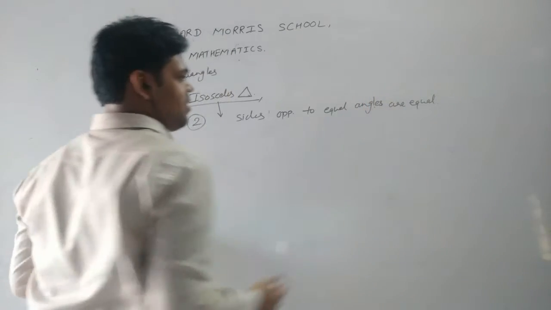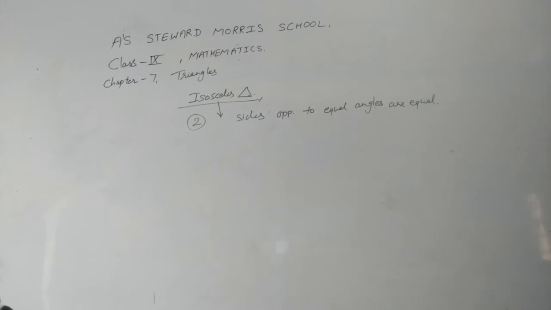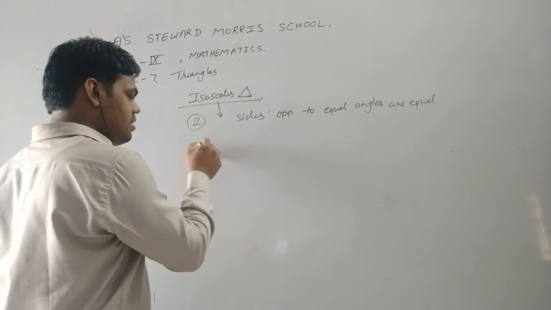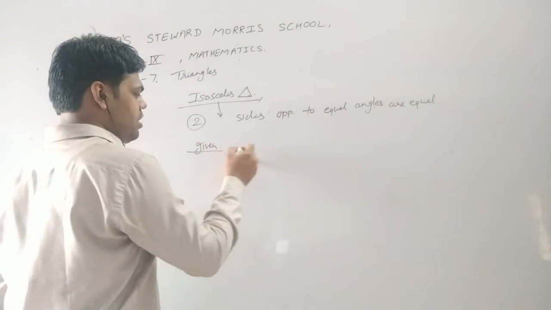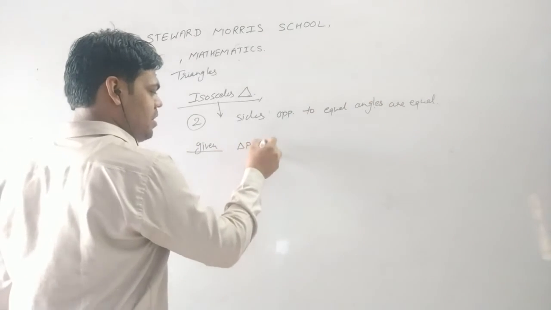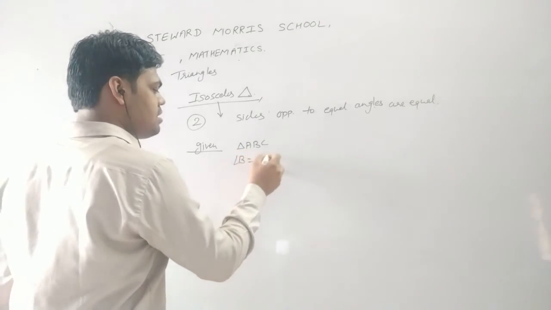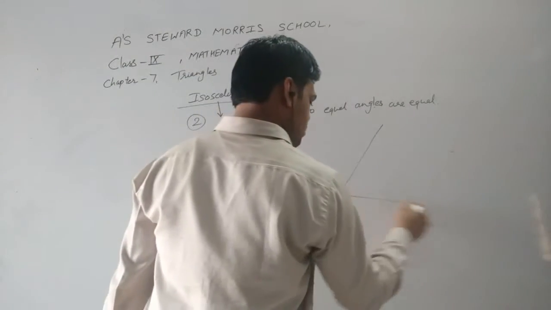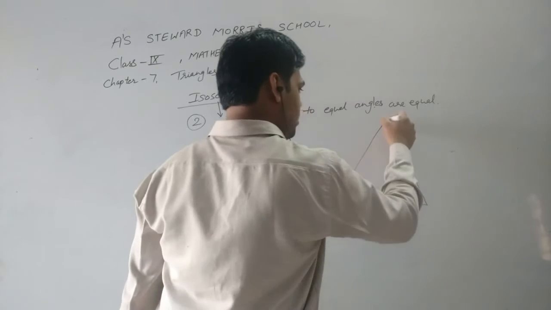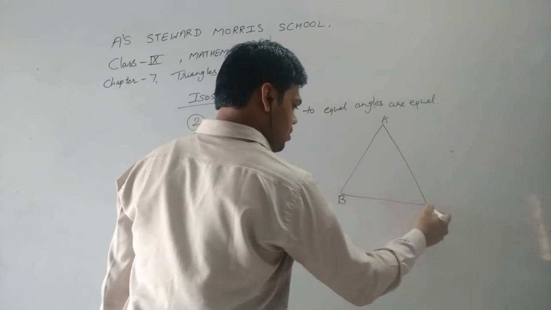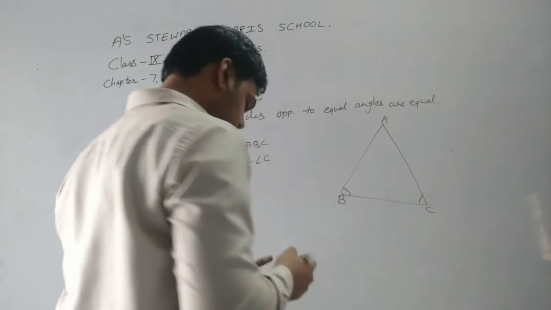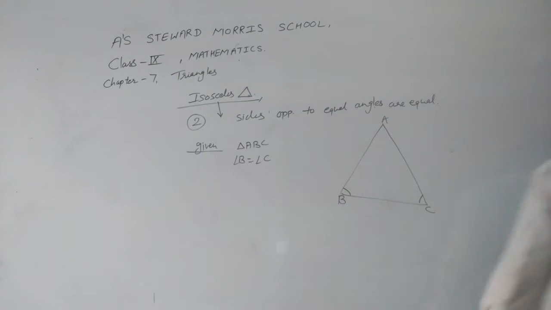This part we have to prove. Now again the same process we will do here. In triangle ABC, what is given here? Angle B and angle C are equal.